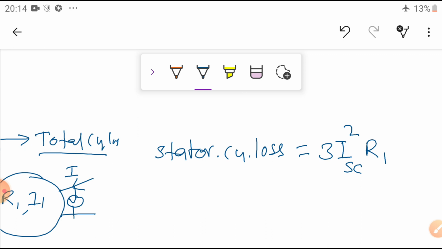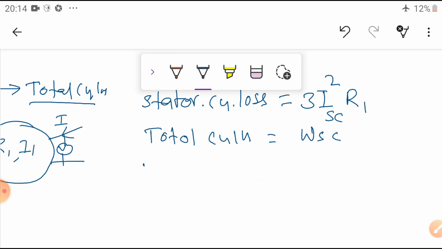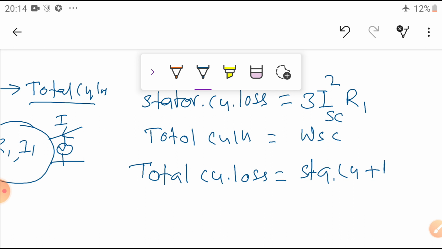Now I know the stator copper losses, and I know the total copper loss from WSC. Total copper loss is equal to stator copper loss plus rotor copper loss.